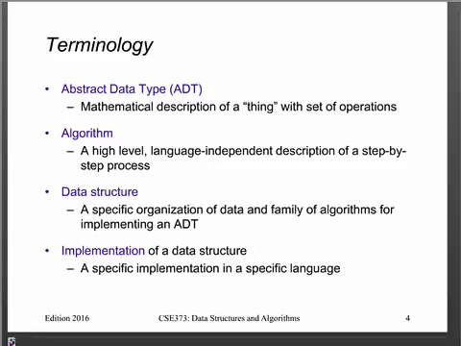That's very easy to understand, and you already experienced that in 143, especially with stacks, because with the stack, we have the array implementation and we have the linked list implementation. There are two different implementations of the same abstract data type.